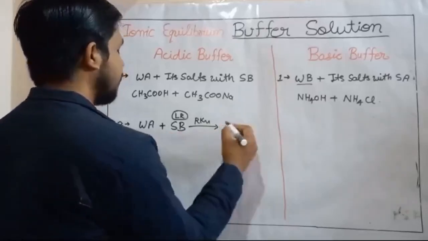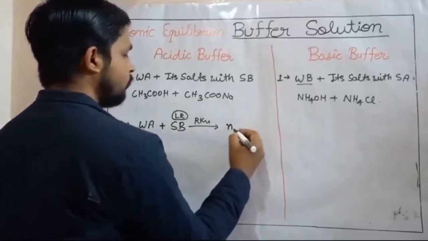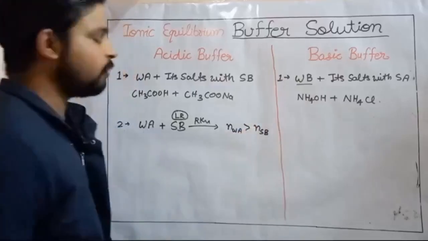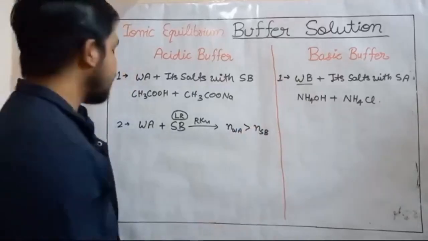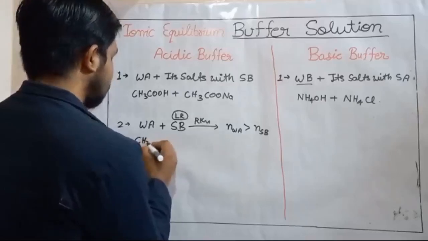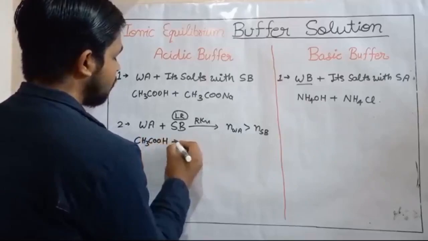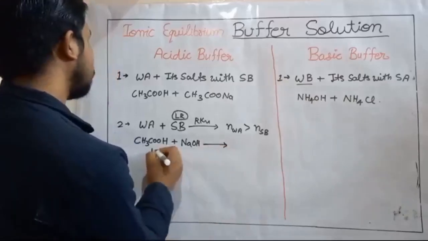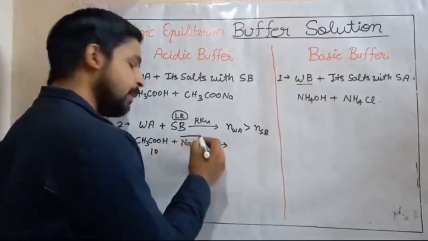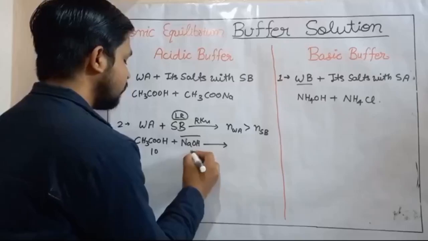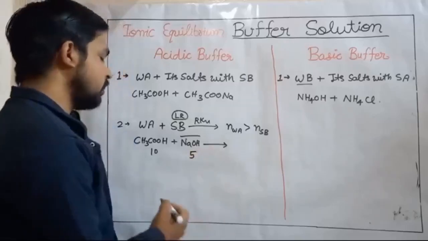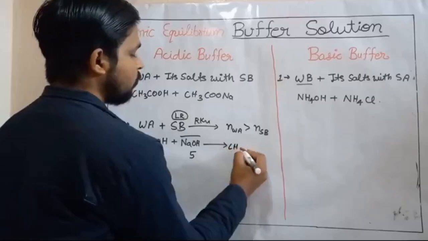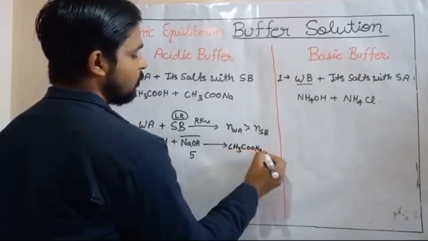Okay student, so the moles of weak acid must be greater than the moles of strong base, then only the buffer solution forms. Let us take an example of a weak acid: if we take 10 moles of weak acid and the strong base as the limiting reagent, then an acid-base reaction takes place in solution, forming CH3COONa plus H2O.